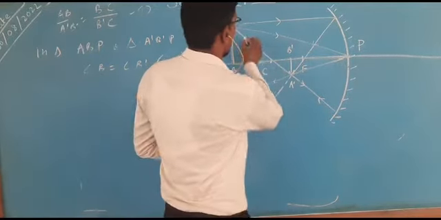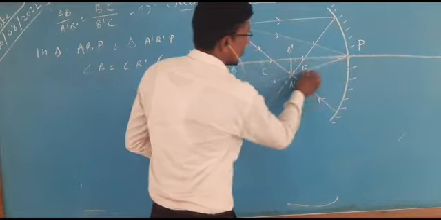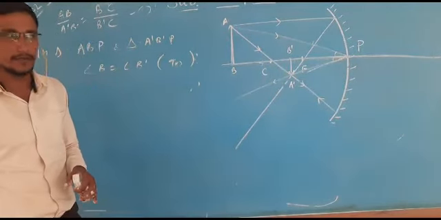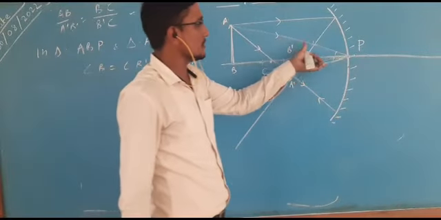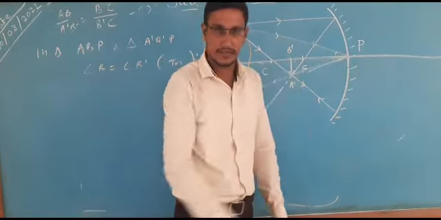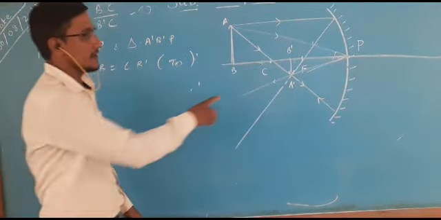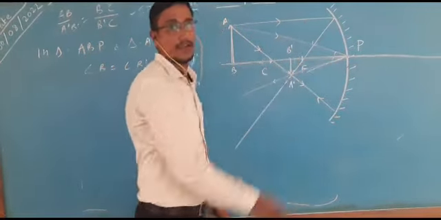Another one is in this triangle: look at these angles. According to the laws of reflection, this angle should be equal to this angle, as we know that the angle of incidence should be equal to the angle of reflection.